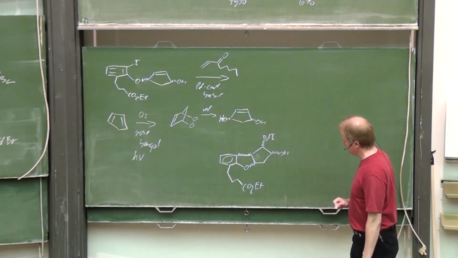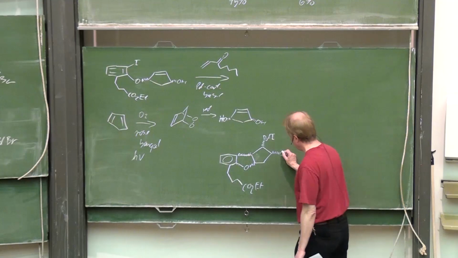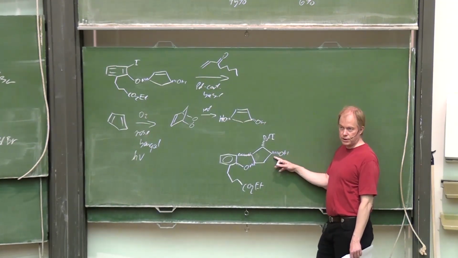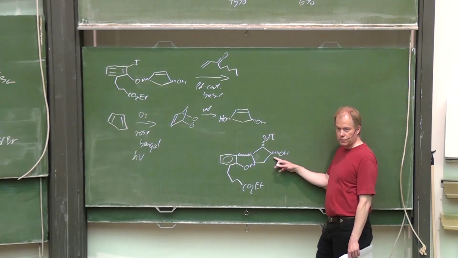Right. So, this should be the intermediate, and this can't complete the Heck process with the beta hydride elimination because there is no syn periplanar beta hydride.